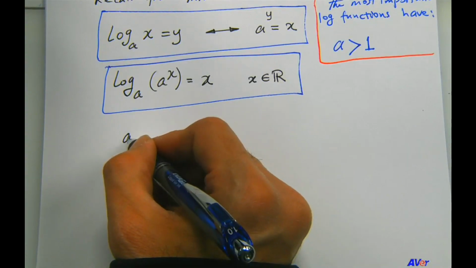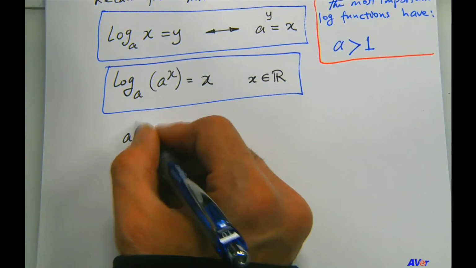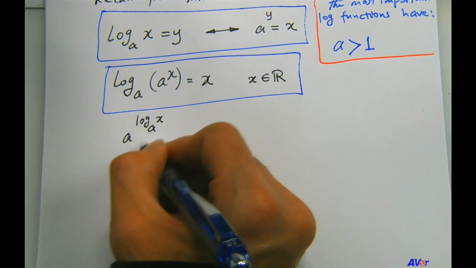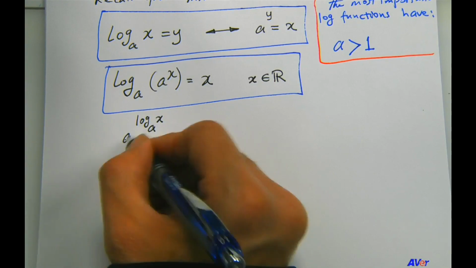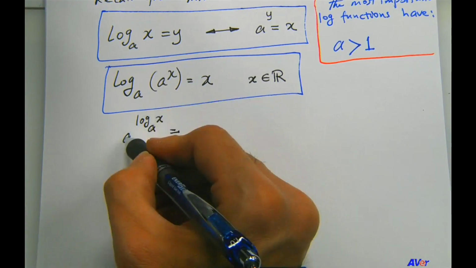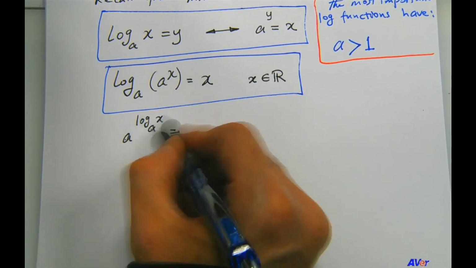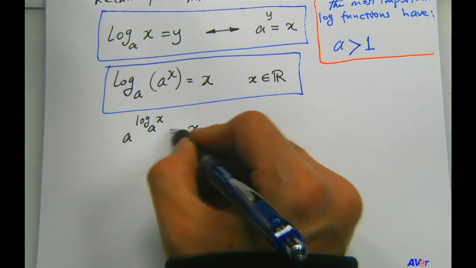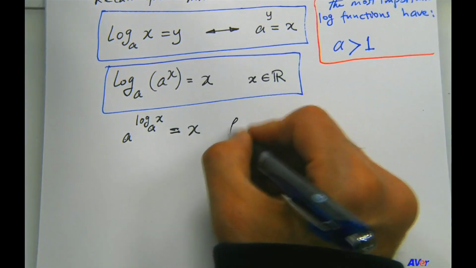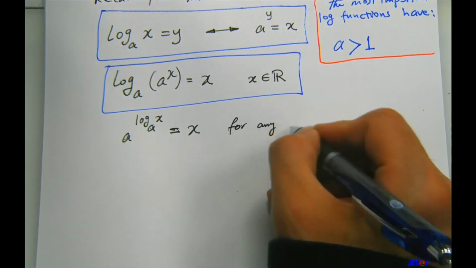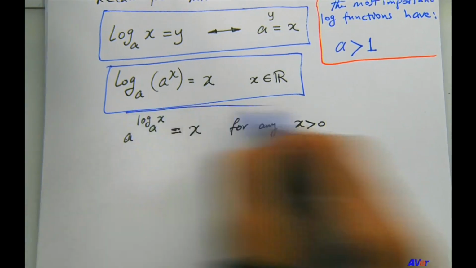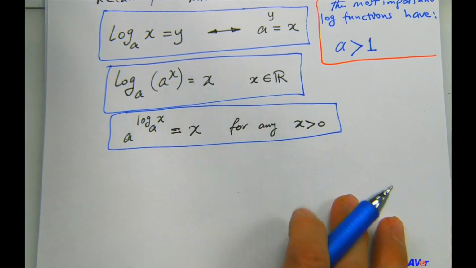If you have some positive value greater than 1, raised to a log of a function to base a, so compare this with that. If that is the case, so 2, let's say 2 to log to base 2 of x, that would be equal to simply x, right? This is true for any x greater than 0.